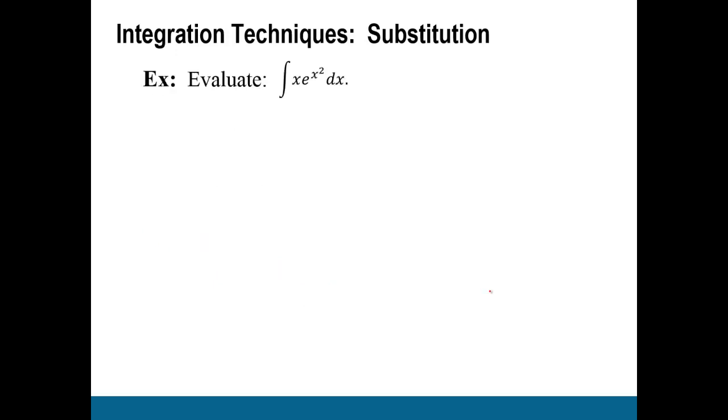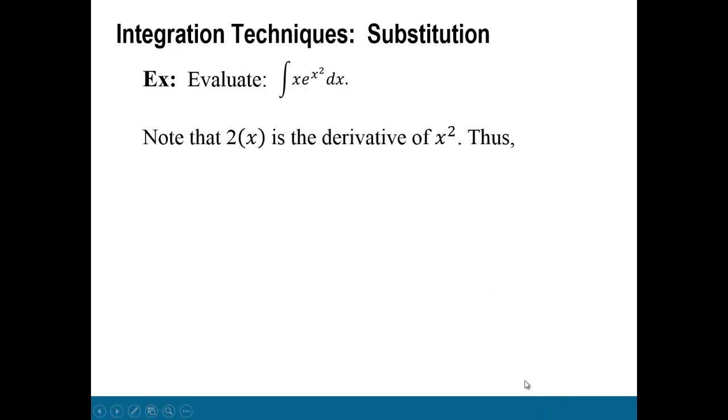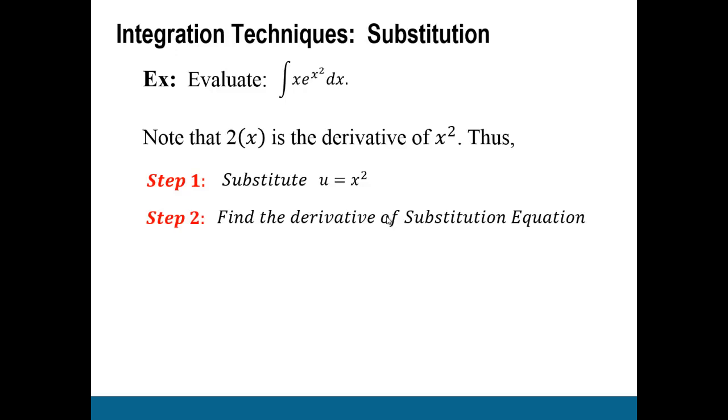In the last example, we're asked to integrate x times e raised to the power of x squared dx. Notice that 2x is a derivative of x squared. Therefore, in the very first step, we'll substitute u for x squared. We'll now find the derivative of the substitution equation.